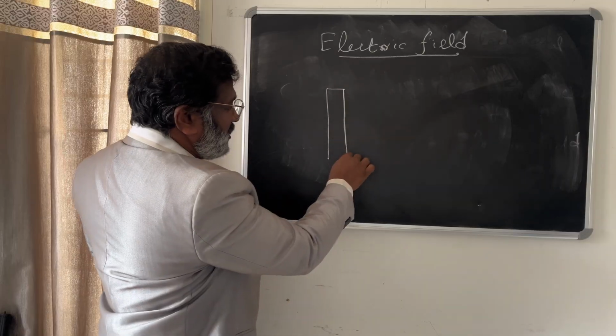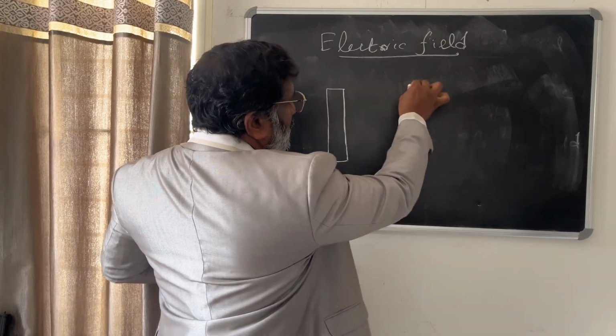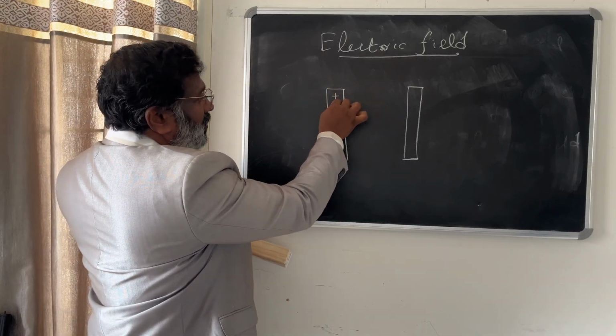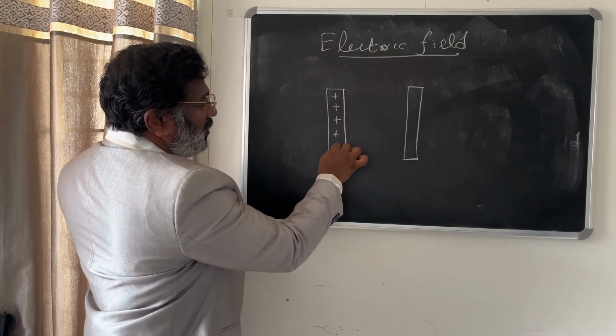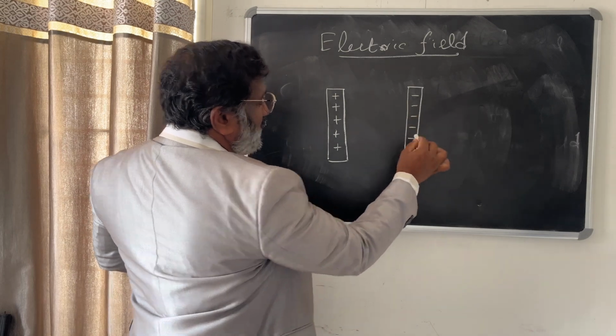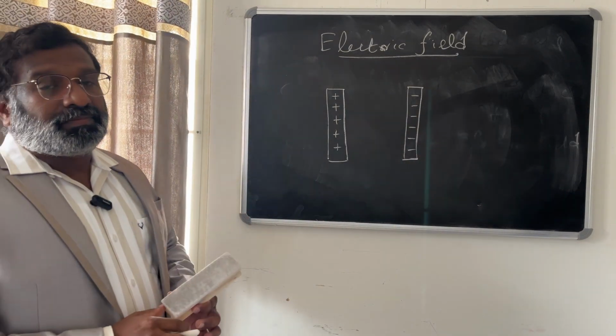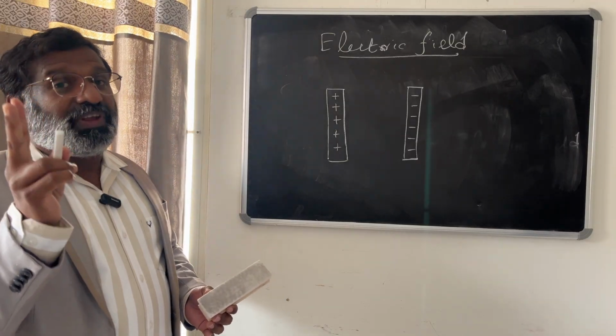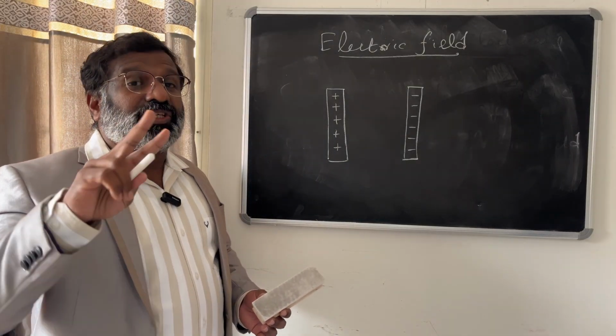Assume we have two metal plates. This metal plate is positively charged and this metal plate is negatively charged. And you know another concept: opposite charges attract and like charges repel.